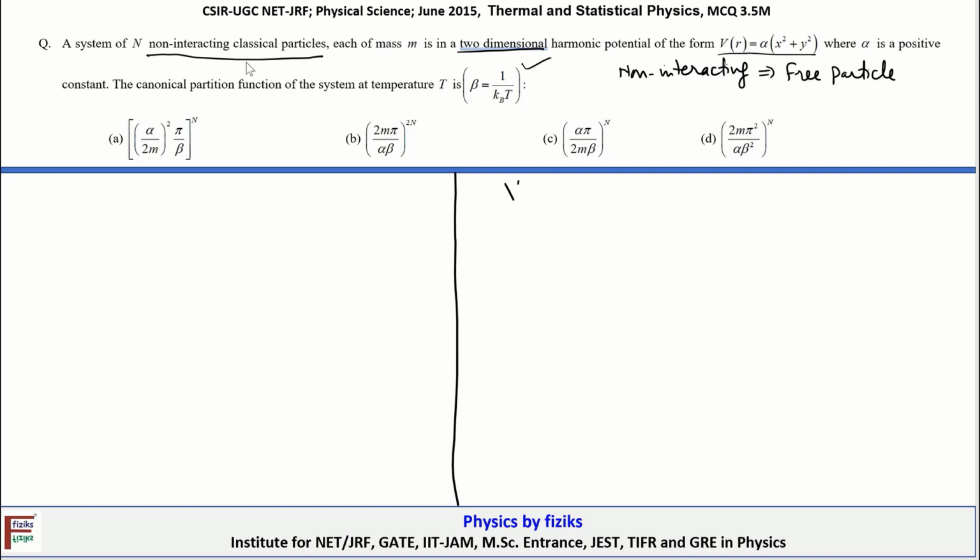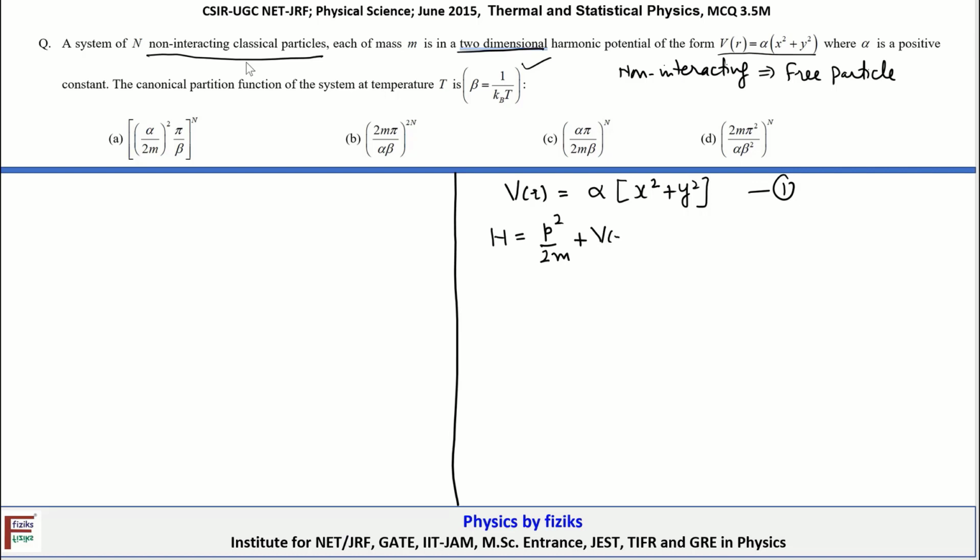So we are given that the system of particles is subjected to this external potential, which is of the form alpha times (x square plus y square). Let's call this equation 1. Because it's a system of free particles, it will have kinetic energy, and it's a two-dimensional motion. So the Hamiltonian of the system is p square upon 2m plus the external potential.